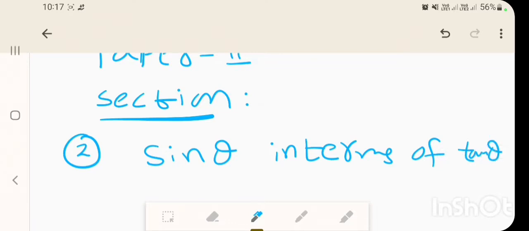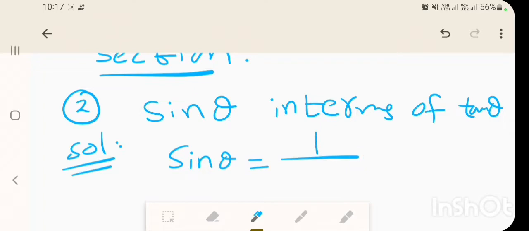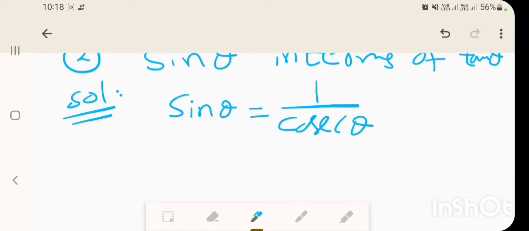For this, we know sin theta we can write as 1 by cosec theta. And we have the relation between cosec theta and cot theta.